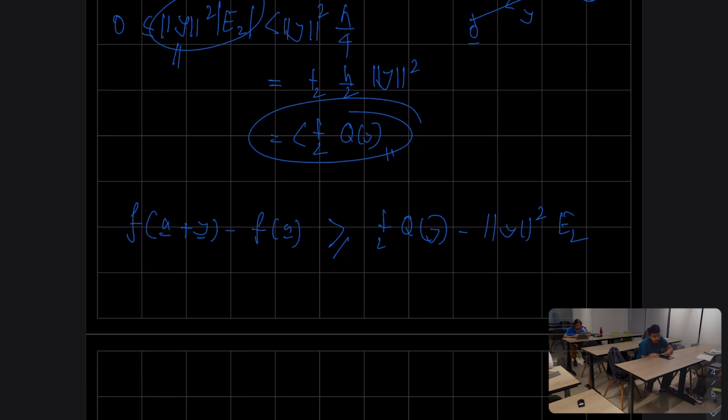So now it makes sense. Which itself is greater than 0, because half of q of y is greater than nothing. Okay. Therefore, what does f have here, maxima or minima? All the y's with respect to a have a higher value than a.